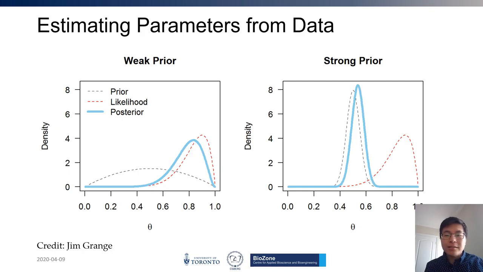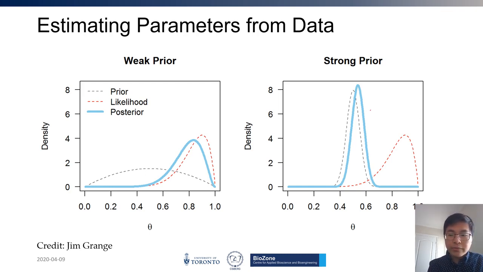As I mentioned in the last slide, here we just see a graphical representation of what a weak versus strong prior means. So here on the left, we see a weak prior. And so the likelihood is going to dominate the posterior. Our posterior is very close to the evidence or the data that you observe.